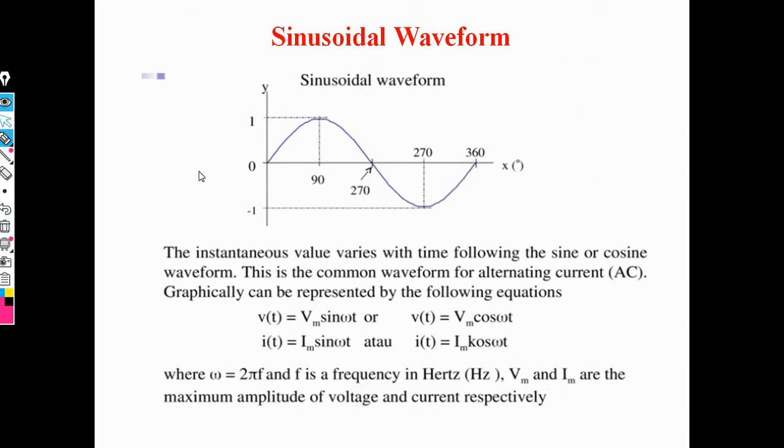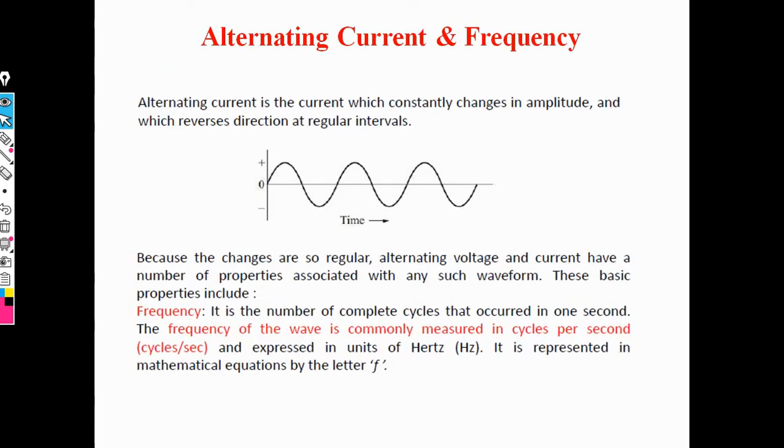Then the next point is alternating current and frequency. Alternating current means one time positive current, one time negative current. With respect to time, it changes its direction: positive here, then negative, then positive, negative.